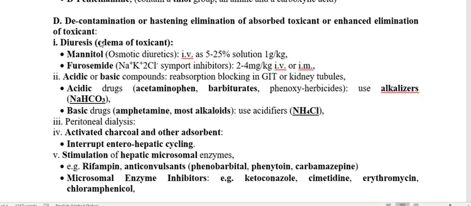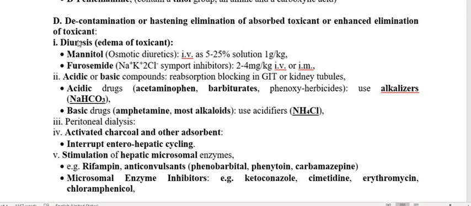We have to discuss them one by one. When you give a diuretic, it is going to increase the rate of excretion by enhancing the urine flow. Within the urine, the toxicant or poison is excreted out.